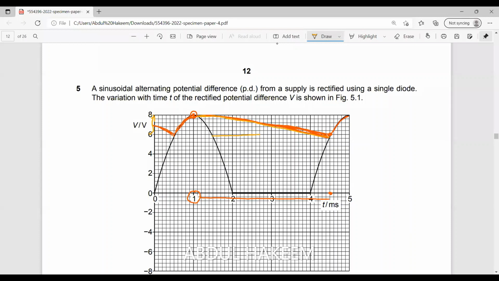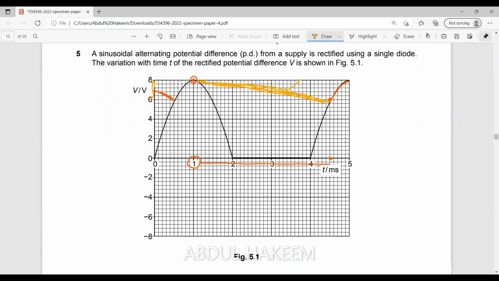So this is the lowest level. So from 8 to 6, you have to draw a line. And this is showing the discharging of the capacitor. This one. And it's not a straight line. It must be a curve.